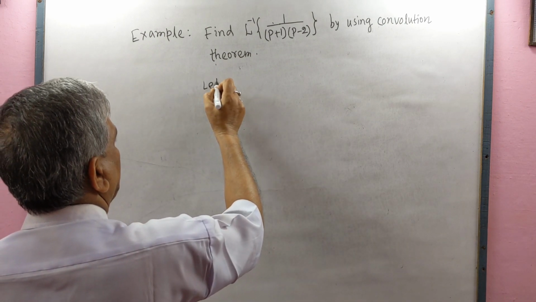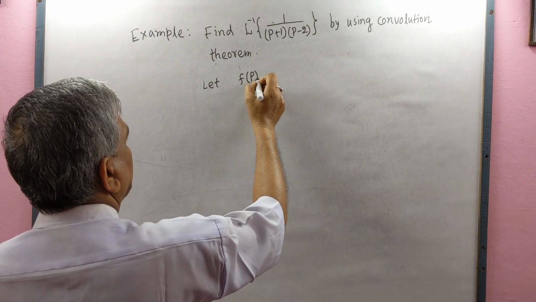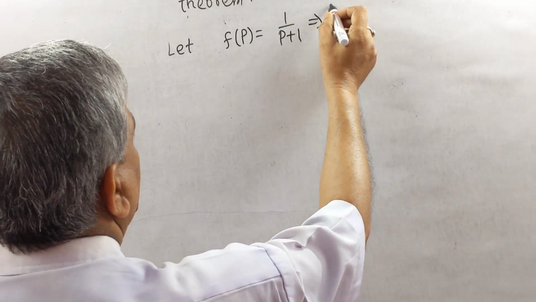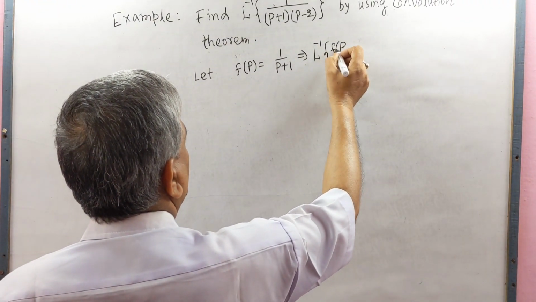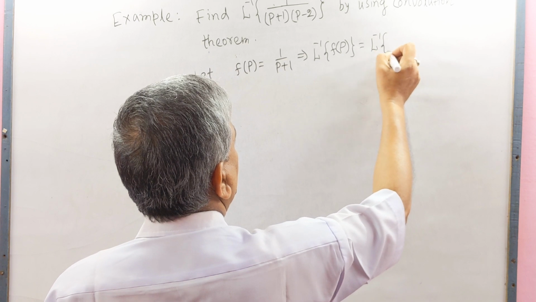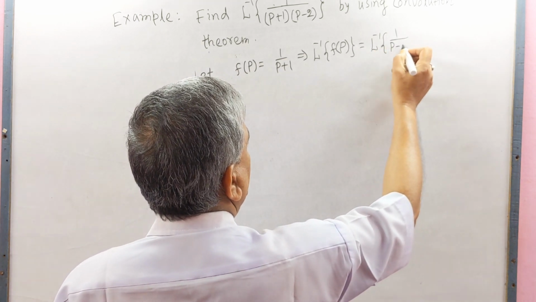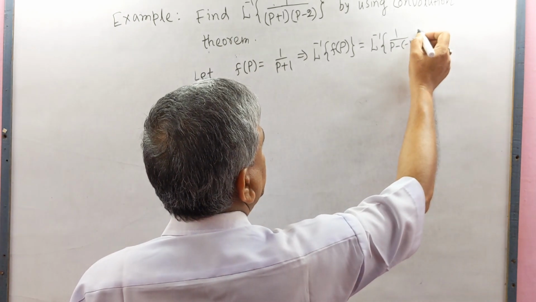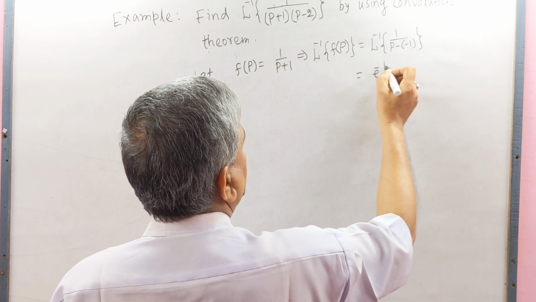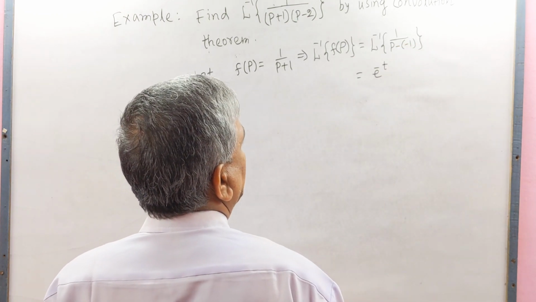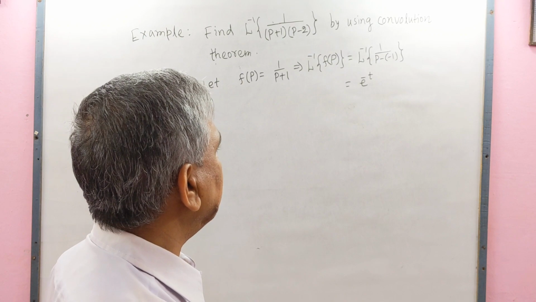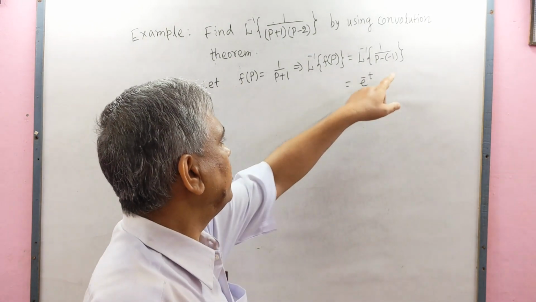Let f p equal to 1 by p plus 1, which implies that L inverse f p equal to e to the power minus t, by the formula L inverse of 1 by p minus a is e to the power at. Here a is minus 1.